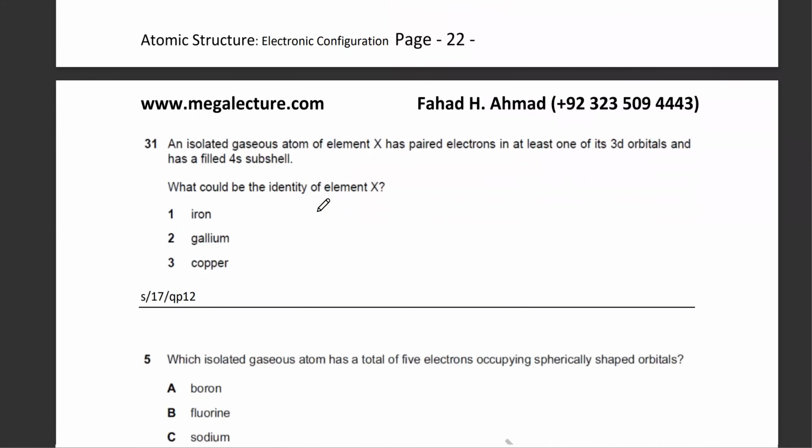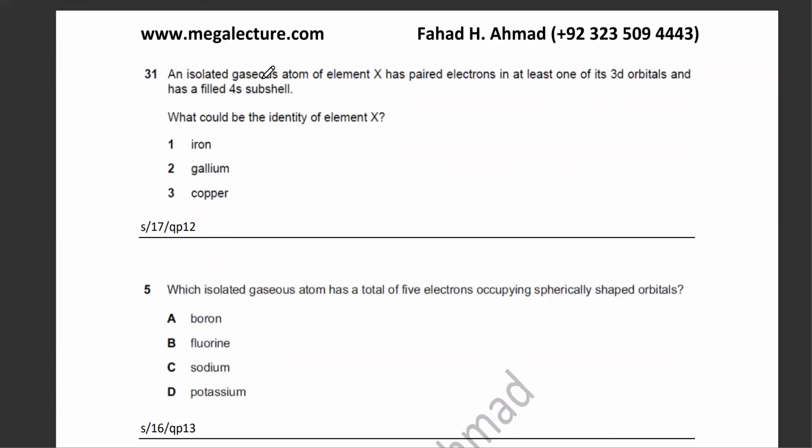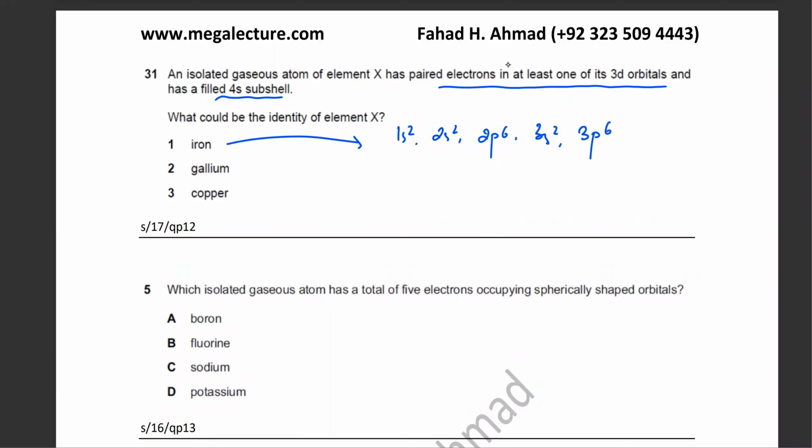Then the next one is, an isolated gaseous atom of element X has paired electrons in at least one of its 3d orbitals and has a filled 4s subshell. Which could be this metal? The first one is iron. It's 26 electrons, so that's 1s2, 2s2, 2p6, 3s2, 3p6, and then it's going to be 4s2, that's 20 electrons, and then you have 3d, which is going to have 6 electrons.